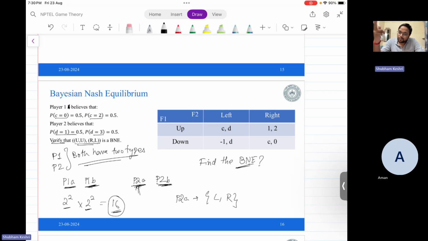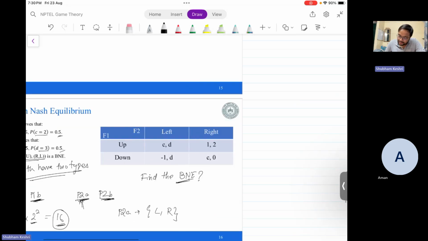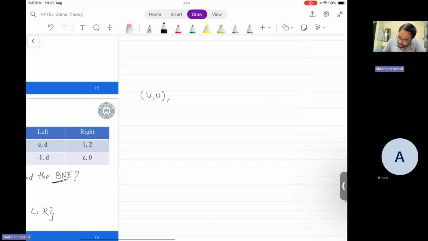Player 1 is also of 2 types, player 2 is also of 2 types, and the probabilities are half for both. So what will we do? You see what is the strategy set? The strategy set is actually u comma u and r comma l.